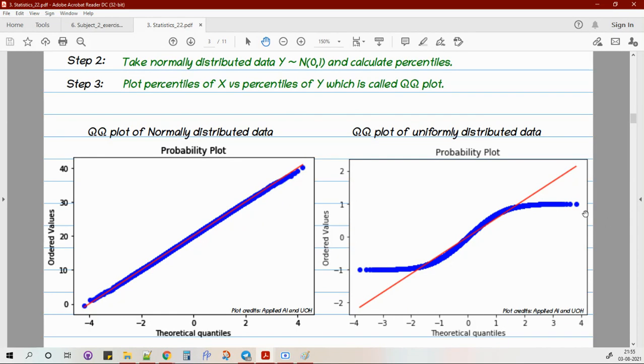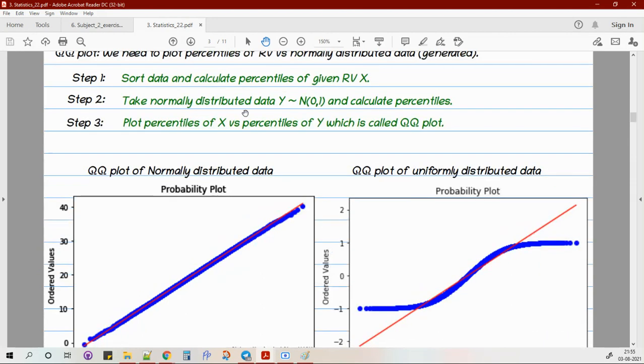And if it is not following, I guess this graph is following exponential distribution or Poisson distribution. And if you take the percentiles, then it won't match with this red line. Red line is nothing but the theoretical percentiles of the normally distributed data, right?